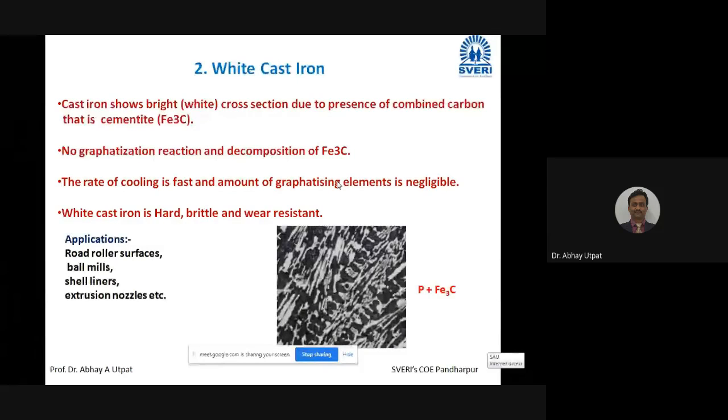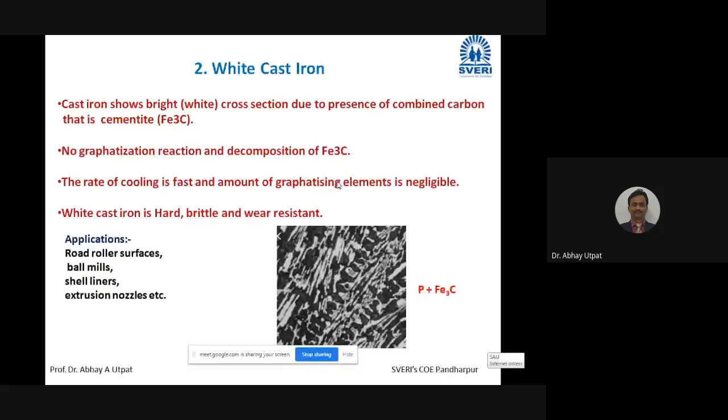Now, how is free carbon produced? Free carbon is produced due to the graphitization reaction. In the last class I told, Fe3C gives 3Fe plus carbon. This 3Fe goes to ferrite and C remains as C in free form. That is your free carbon in the form of flakes in the case of gray cast iron.